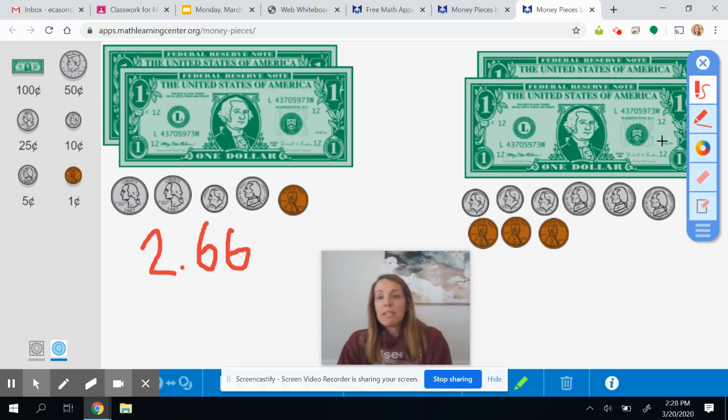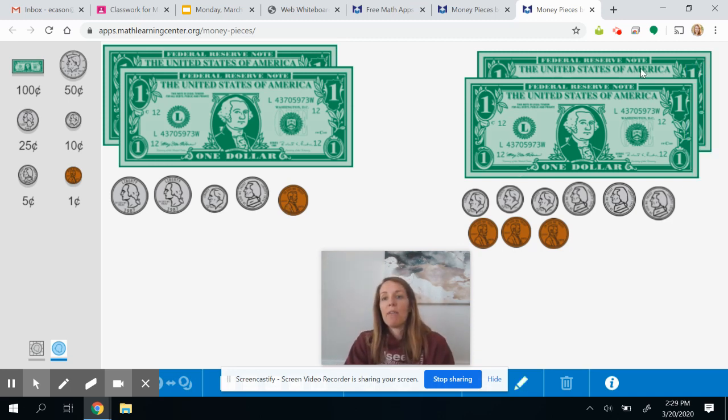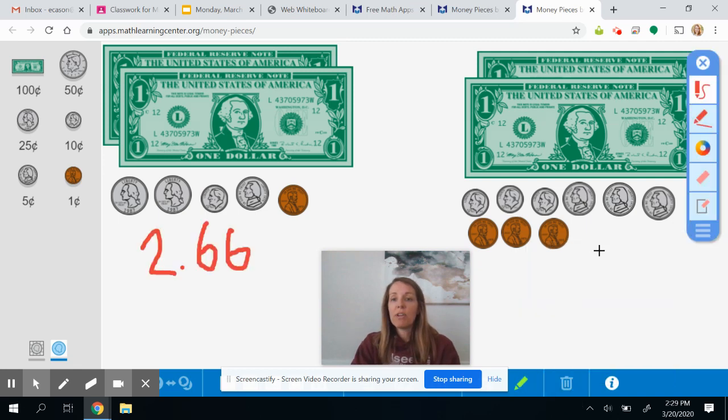Okay. Let's look over here at this side. So we have $2. We have 1 dime, 2 dimes, 3 dimes. So that's 10, 20, 30. Then we have 35, 40, 45, 46, 47, 48. So we now have $2.48.